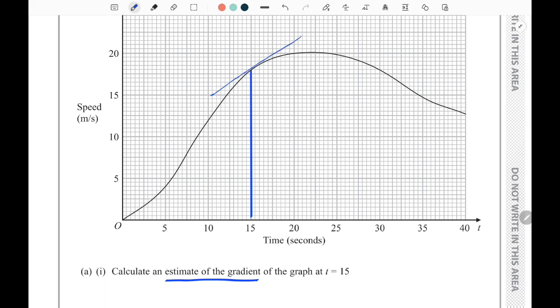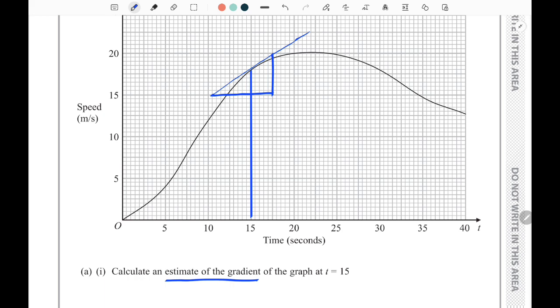Possibly like that. And if I extend that a little bit further, take it up, what you can do is extend it until you get whole numbers or something like that. I'm going to take that particular bit there, like that. So you take a tangent, or you estimate a tangent, and then you need to work out the gradient of that tangent.